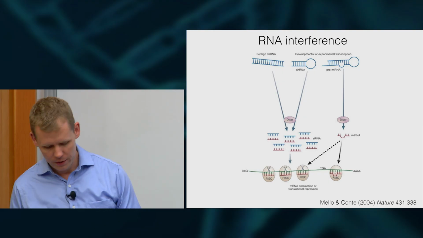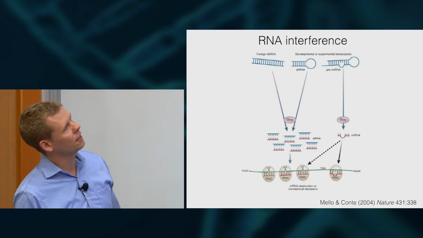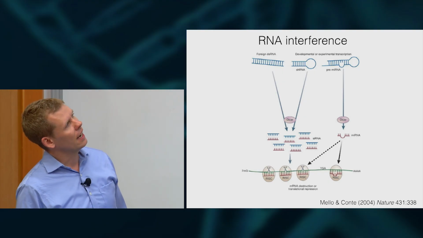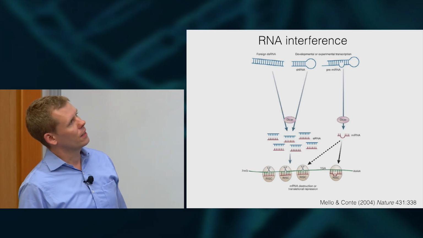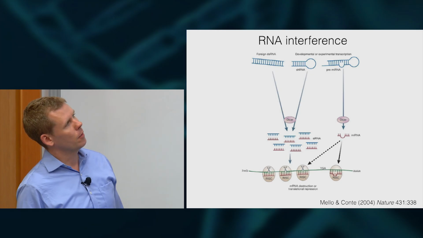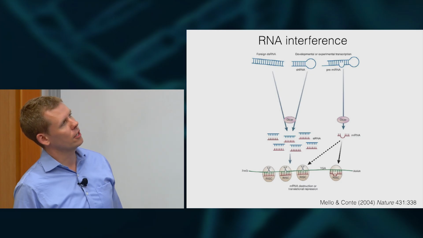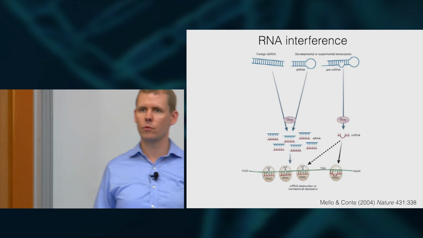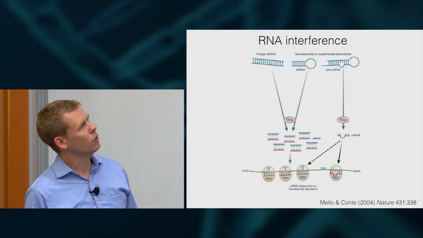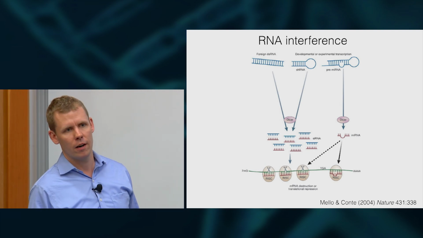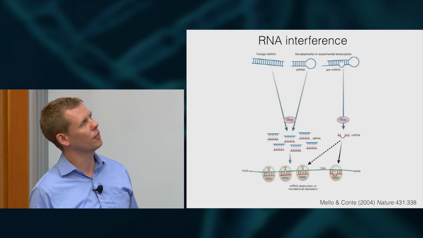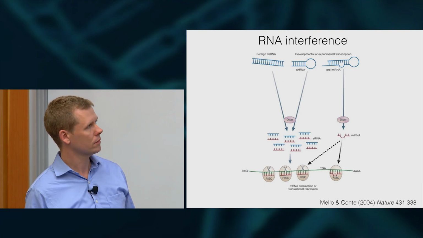Short interfering RNAs can act in two ways. They can base pair with messenger RNA molecules and direct degradation of the messenger RNA. So this is a way to reduce the transcript level. And this requires a pretty high degree of complementarity, and that's where specificity in the system comes from.